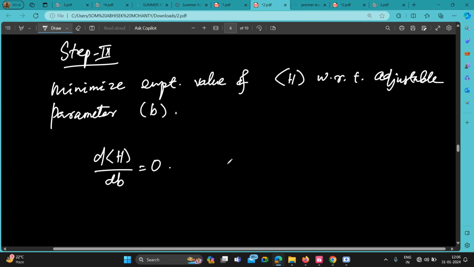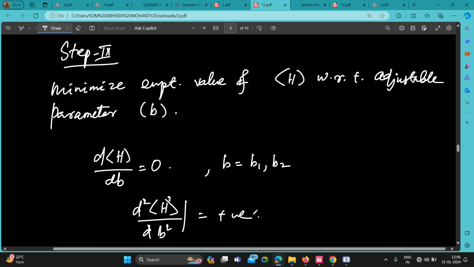Okay. Now B will be B1, B2. You will get B is equal to B1, B2. Now just find d square H by dB square, whether it is positive or not. Okay.